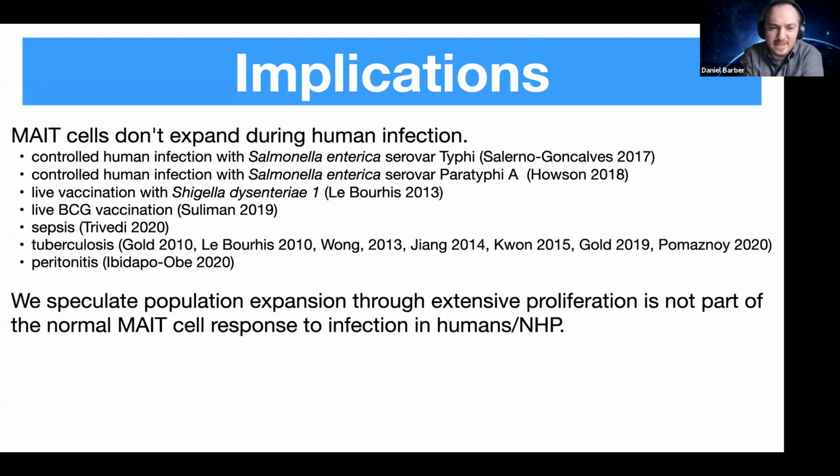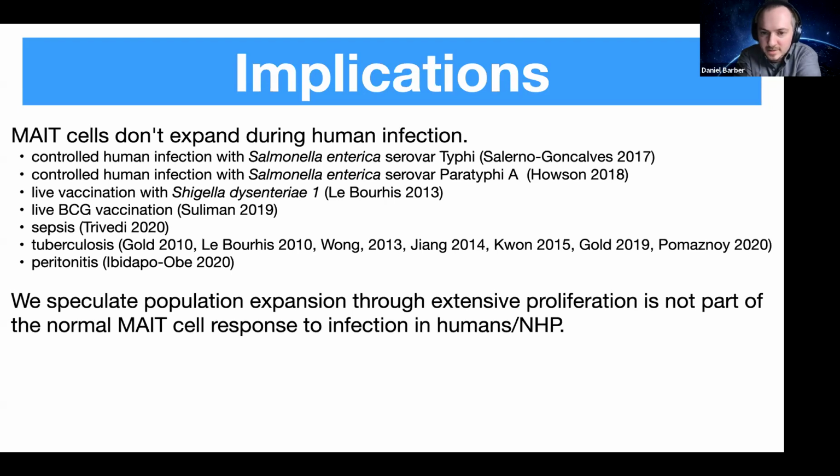Now, you could always argue that that has something to do with the disease process, or that the cells have left and entered tissues, and that's why they went down in the blood. But in light of the monkey data, I think we were going to speculate that the typical T cell expansion that you'd normally see for other sorts of T cells through extensive proliferation is really not a normal part of the MAIT cell response to infection in humans and non-human primates.